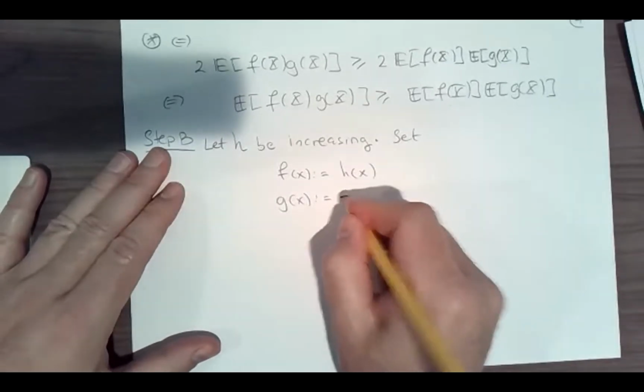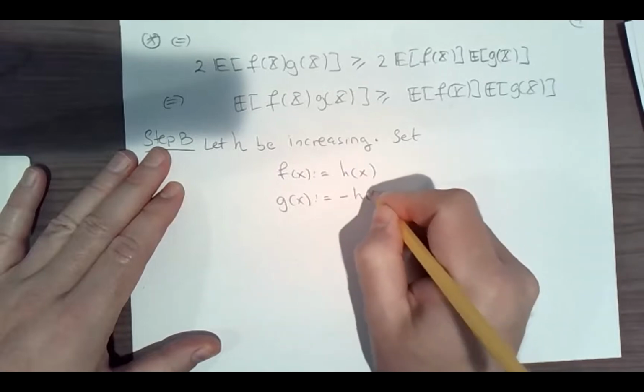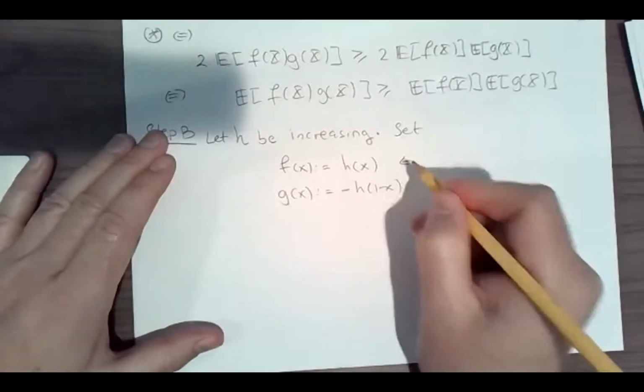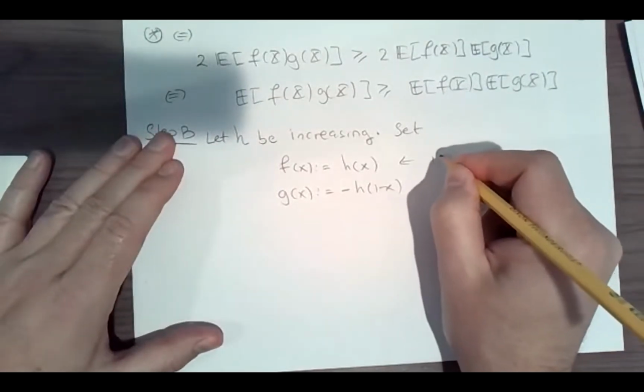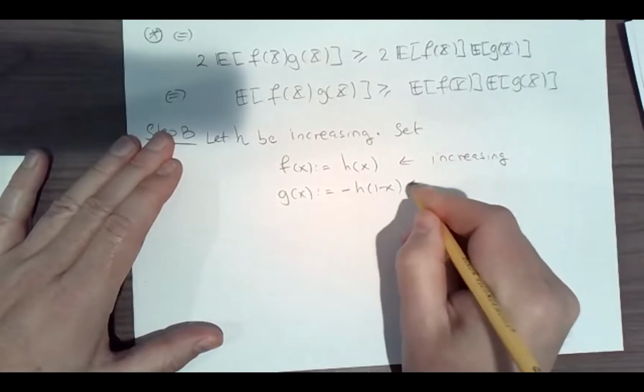So here I'll take 1 minus 1 times h of 1 minus x. This one here is increasing, and this one here we need to check.